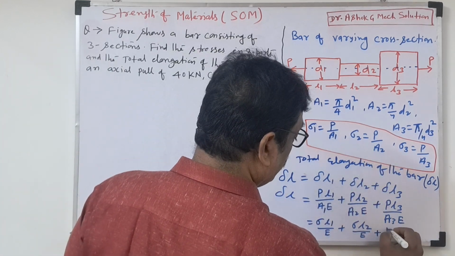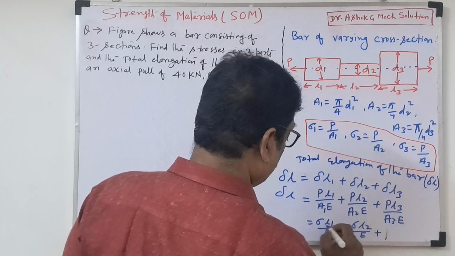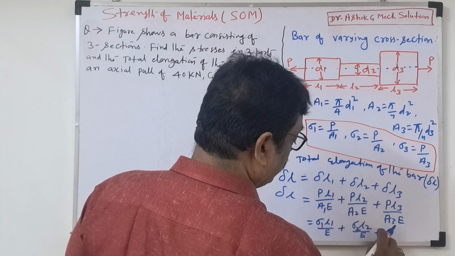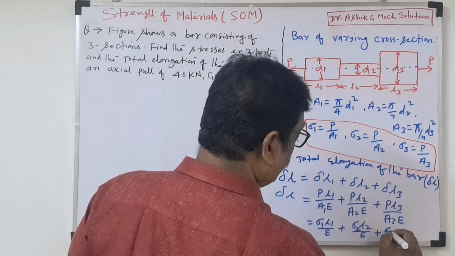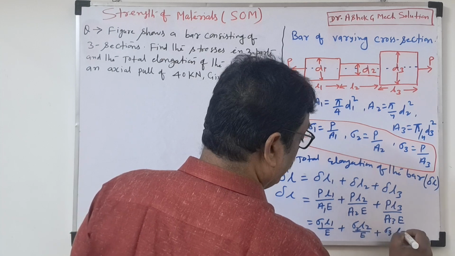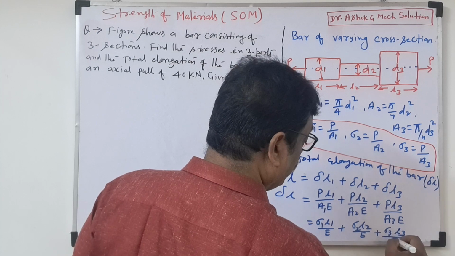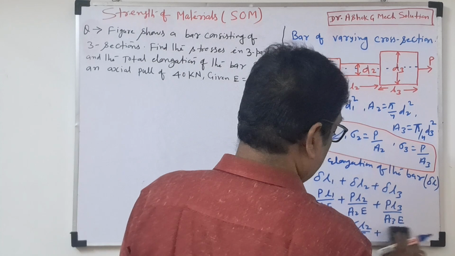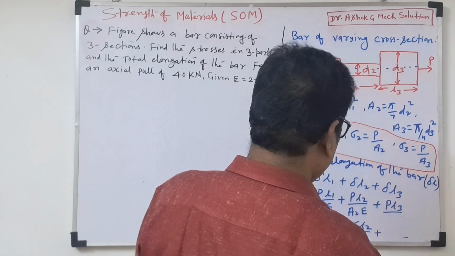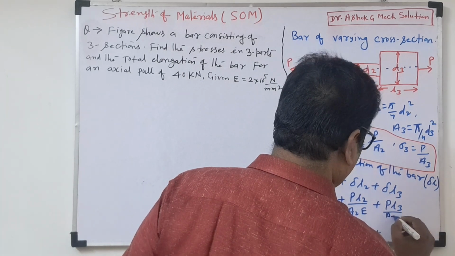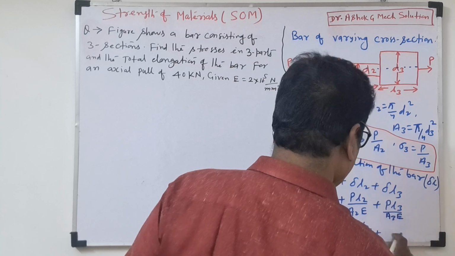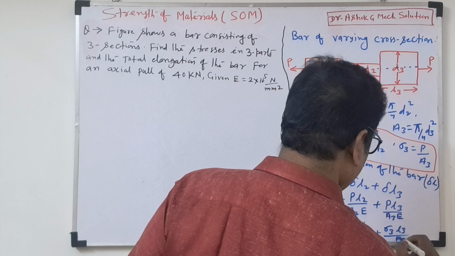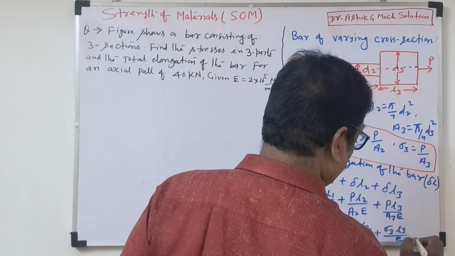Both are the same. This is called sigma 1, and this is sigma 2, because stress also develops differently for different cross sections. Plus sigma 3 L3 by E. This way also you can write.